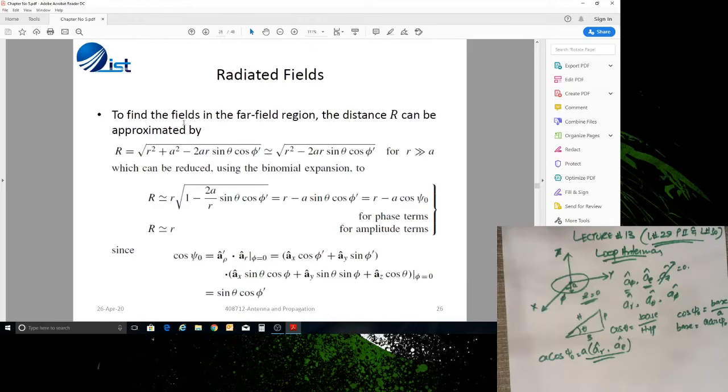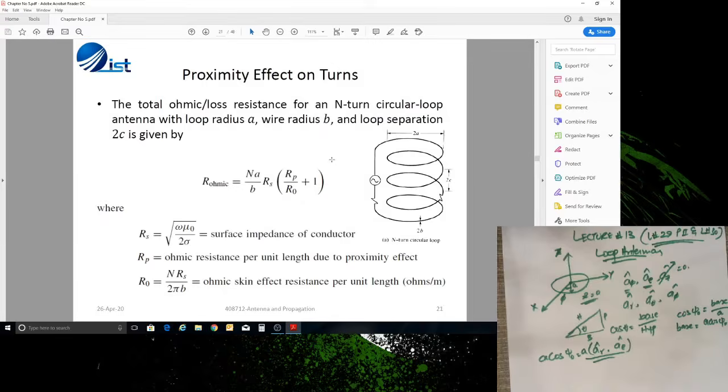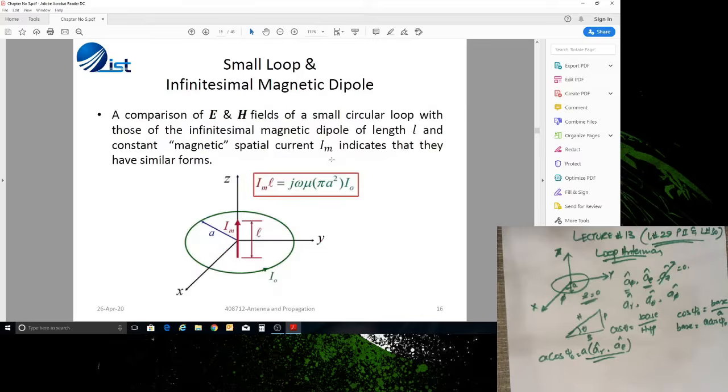Okay, so to find the fields in the far field region, as we have talked about the different antennas before as well, our main objective is to find the far field radiation fields, E and H fields. So the distance capital R in this particular case can be approximated as R is equal to r square plus a square minus 2ar sin theta cos phi. This expression is the same expression that we derived in the case of a small loop.